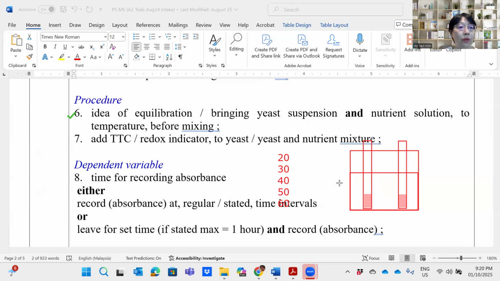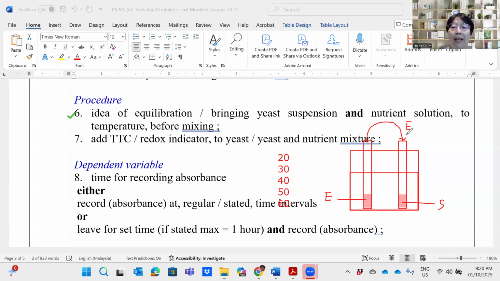before you transfer the enzyme to the substrate. So this is the enzyme, and you're transferring the enzyme to the substrate. And this is the substrate. So you must heat them separately in the water bath for at least 5 minutes to ensure that both of them are at the temperature that you want to test.